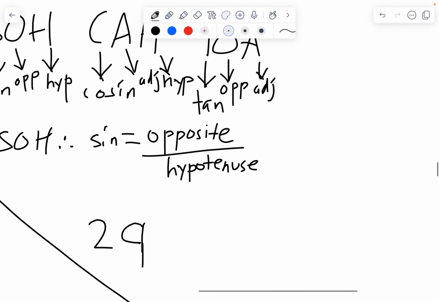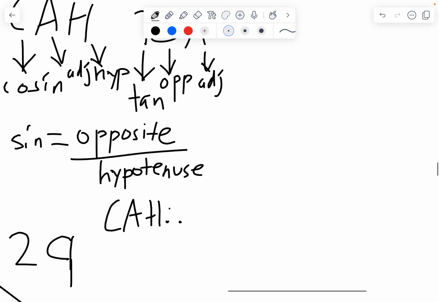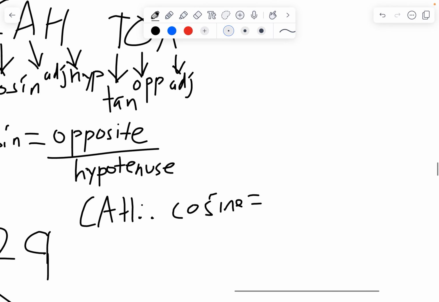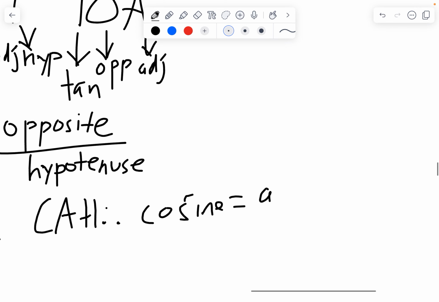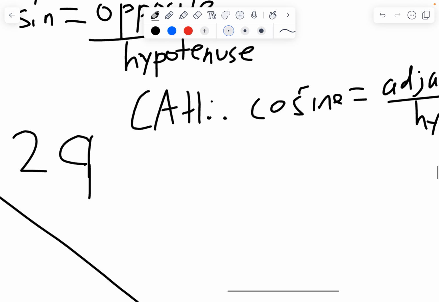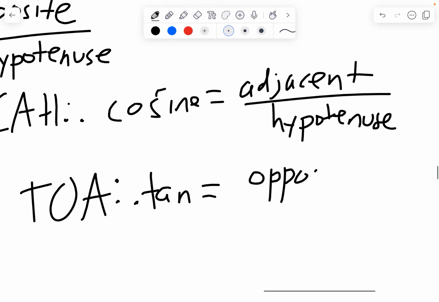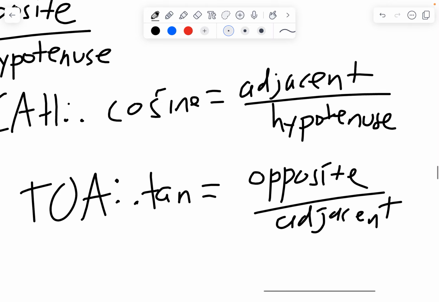And then, again, CAH is cosine equals adjacent over hypotenuse. And then you got, of course, TOA for tan equaling opposite over adjacent.